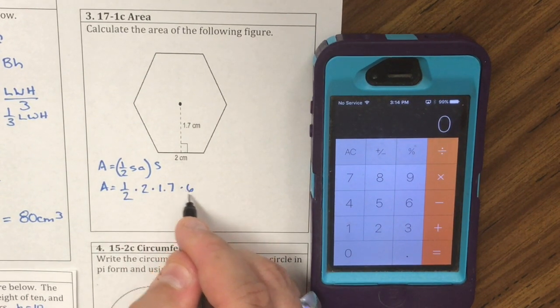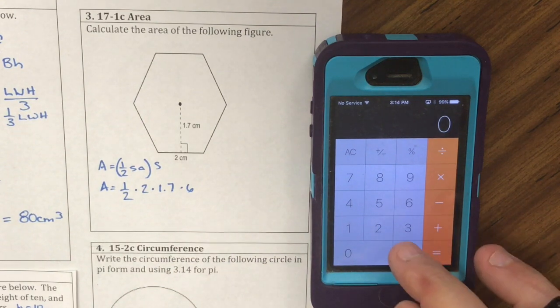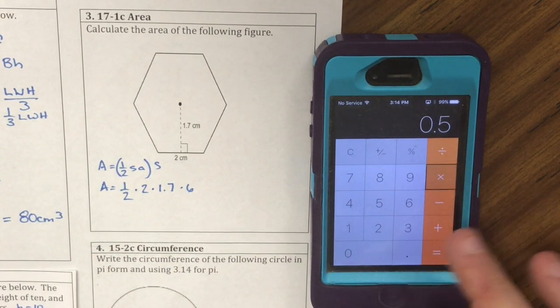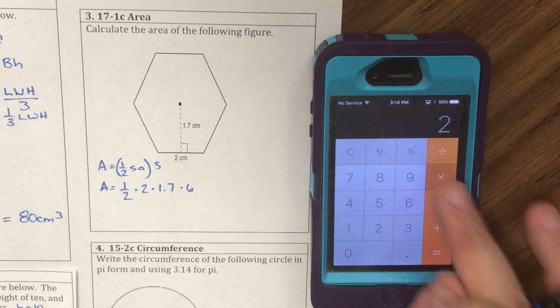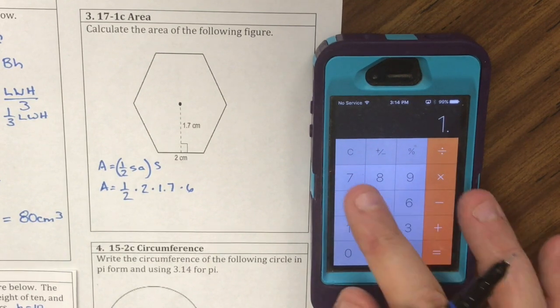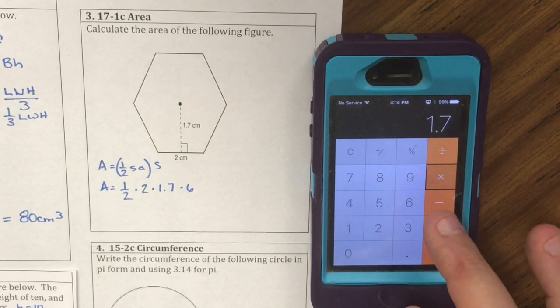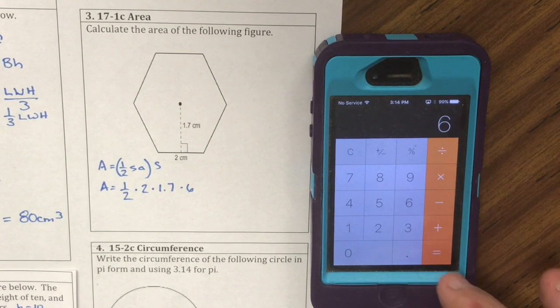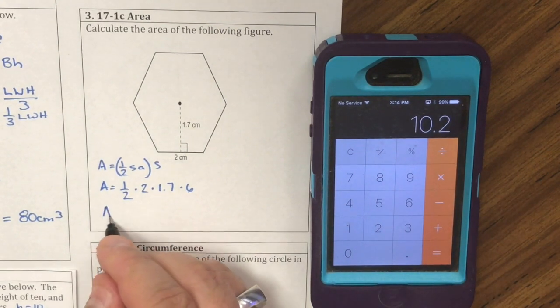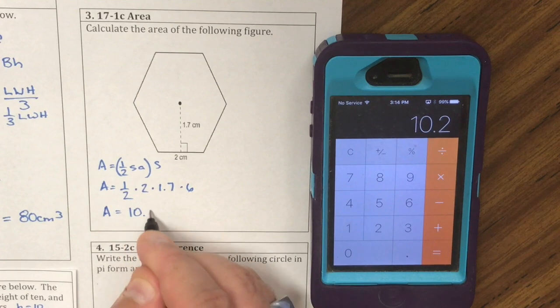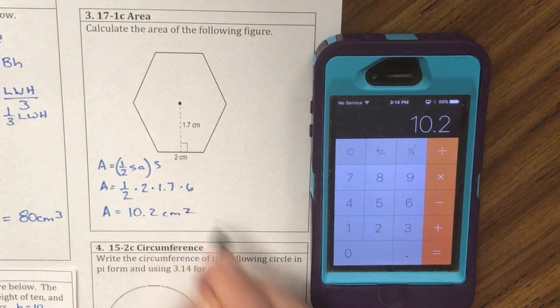Well, yeah. So 0.5 times 2 is 1 times 1.7 times 6. It's 10.2. Area equals 10.2 centimeters squared.